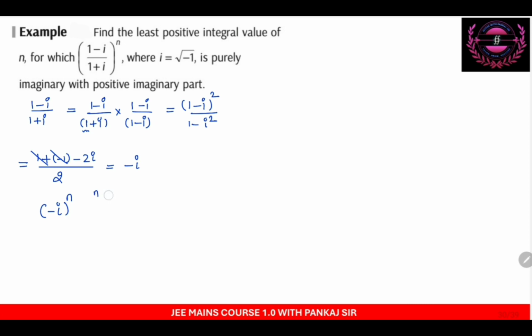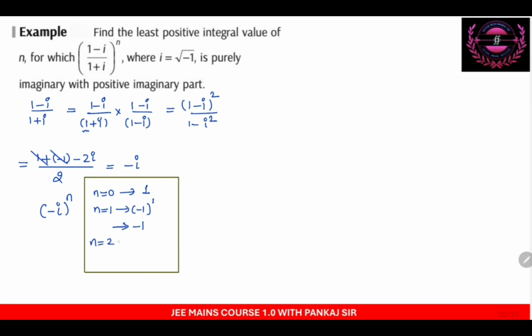For n equals 0, I have 1. For n equals 1, I have (-i) raised to 1, which is -i. For n equals 2, (-i) square is i square only, which is minus 1.